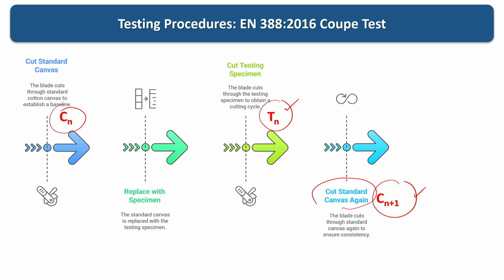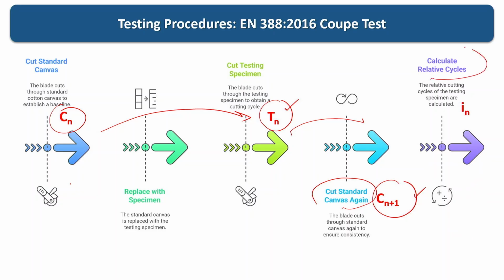The basic idea is that there will be a dulling effect during the cutting, but we are not replacing the blade always. So from Cn to Tn, from the reference sample to the test sample, we assume dulling is there, and similar dulling for the next canvas, Cn plus 1. From there we can get some correction. So directly we do not take Tn as the number of cycles, but use this as reference.